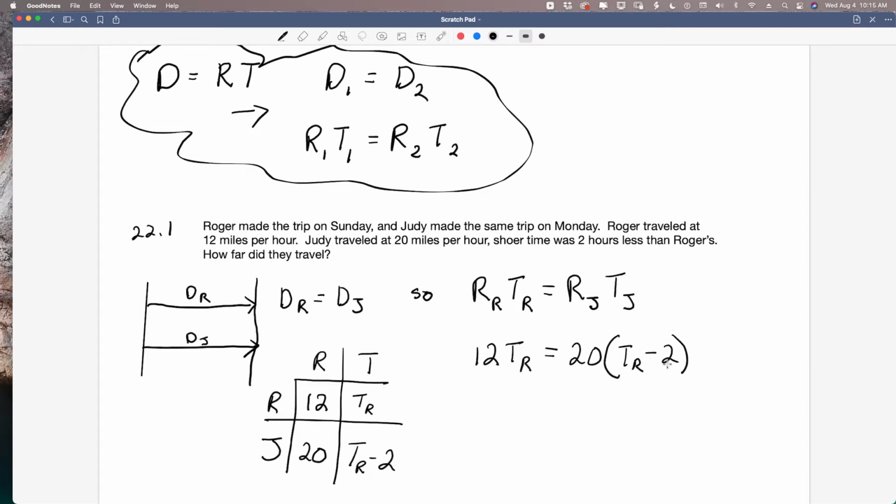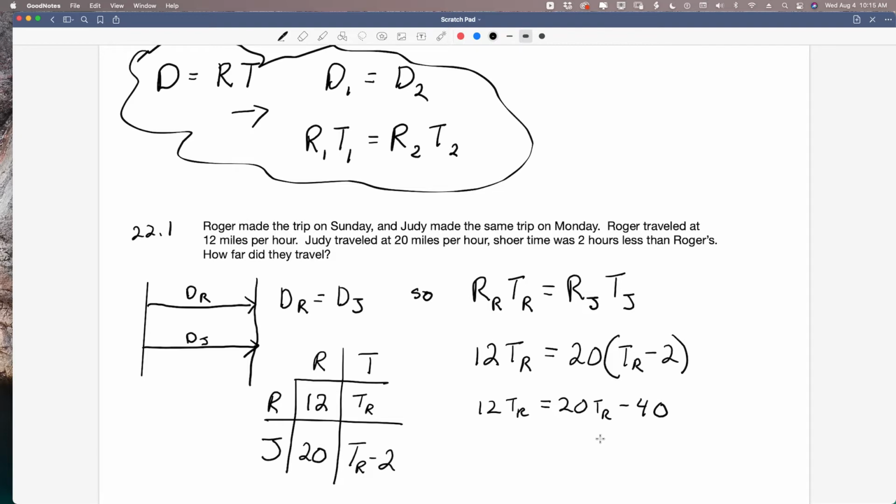Let's distribute here first. So 12 TR is going to equal 20 TR minus 40, because 20 miles per hour times 2 hours is going to be 40 miles. Now we just change sides and change signs.